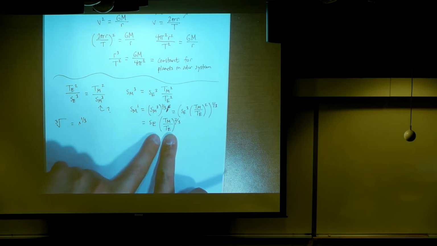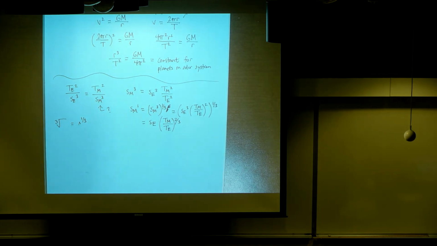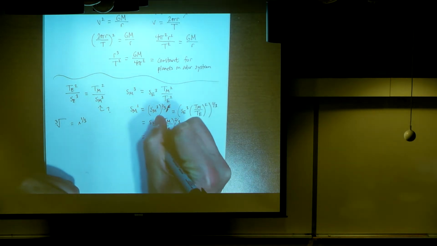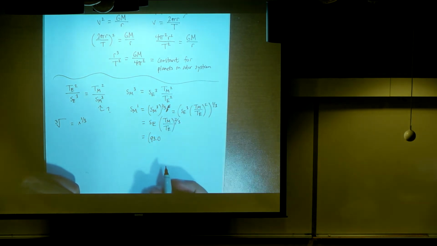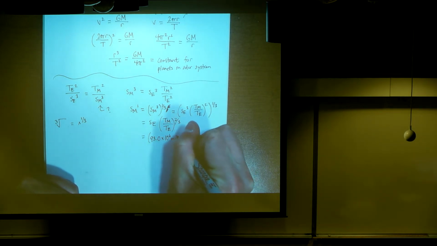It's not something we talked about in class yet, but hopefully you've seen it before. Okay, let's put the numbers in. For Se, the distance for Earth's orbit, we were given that this is 93 million miles. So 93 million is 93 times 10 to the 6, and the units are miles.